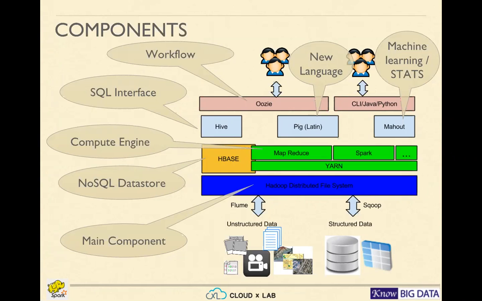You write your program for MapReduce or Spark and hand it over to Yarn to execute it. We will talk about HDFS first, then Yarn, then MapReduce and Spark, then what NoSQL databases mean, and then HBase. HBase is a NoSQL database, a data store where you can store petabytes of structured data, while in HDFS you store files.